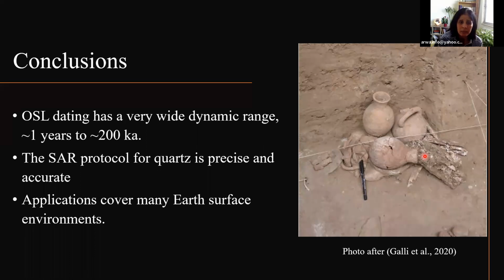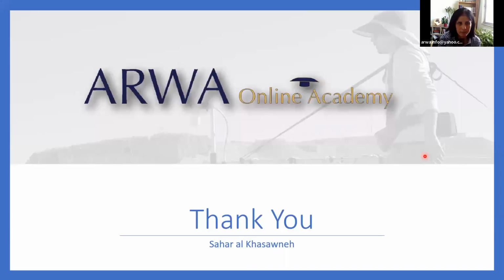It could date heated materials, ceramics, bricks, slags, or heated rocks. It could date sediments by natural depositions or human activities. And as I will present in the next class, it could also date rock surfaces, also from human activities or natural settings. And thank you for listening.